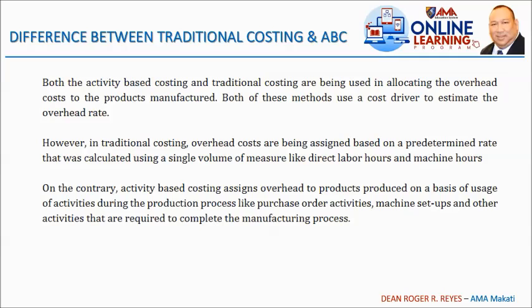However, in traditional costing, overhead costs are assigned based on a predetermined rate that was calculated using a single volume measure like direct labor hours and machine hours. On the contrary, activity-based costing assigns overhead to products on the basis of usage of activities during the production process, like purchase order activities, machine setups, and other activities that are required to complete the manufacturing process.